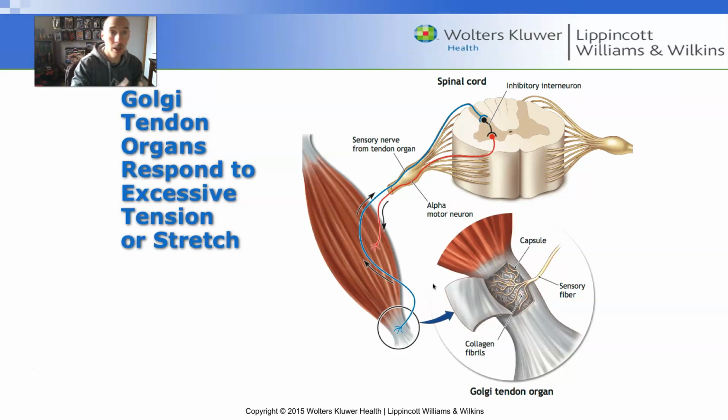So as we become more trained from a resistance training perspective, the effect of the Golgi tendon organ is lessened, which allows us to produce more force and therefore be stronger, okay? This also functions as a reflex arc, and it is mediated at the level of the spinal cord, as the picture shows here. It does not reach conscious thought, which would be at the level of the brain. It's mediated more in the spinal cord, okay?